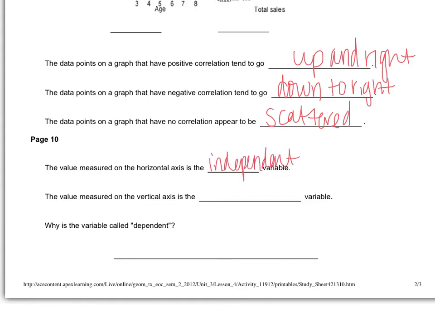And the value measured on the vertical axis is the dependent variable. The reason it's called dependent is because it depends on something else.